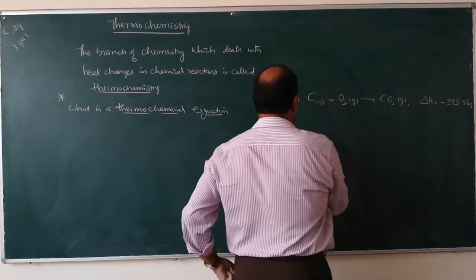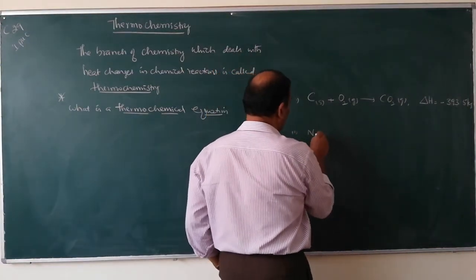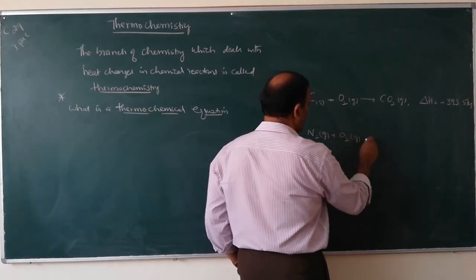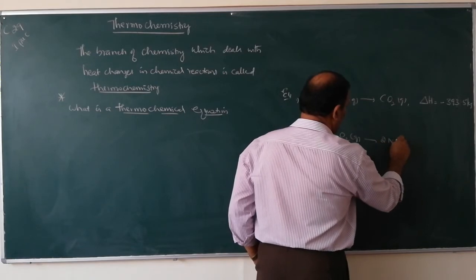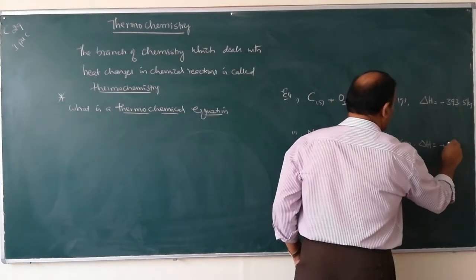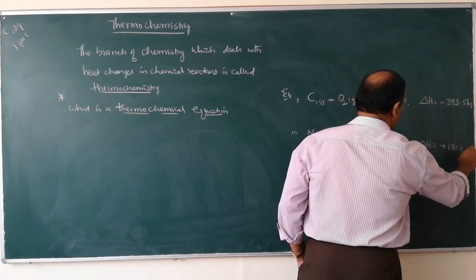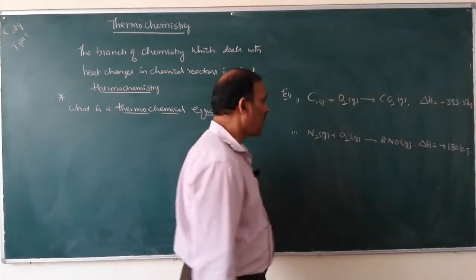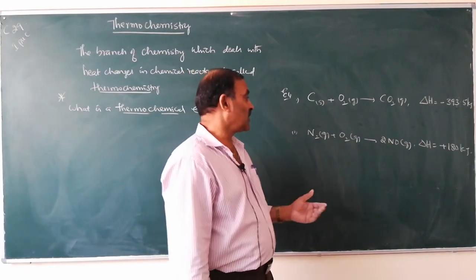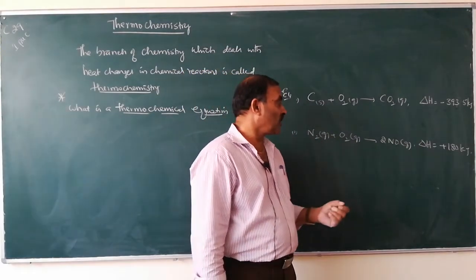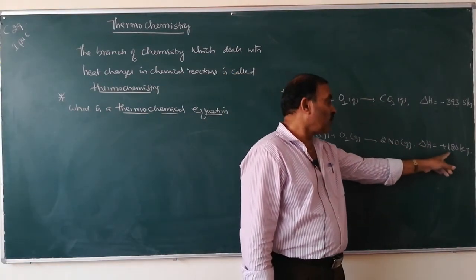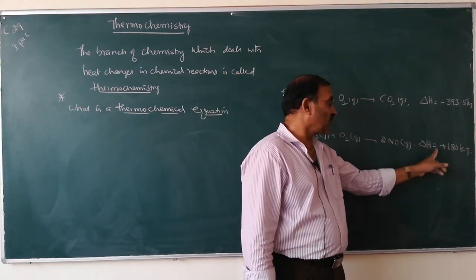Number two, N2(g) plus O2(g) gives 2NO(g), delta H equals plus 180 kilojoules. It is also a balanced chemical equation. It is also a thermochemical equation. Why? Because it shows the amount of heat absorbed.